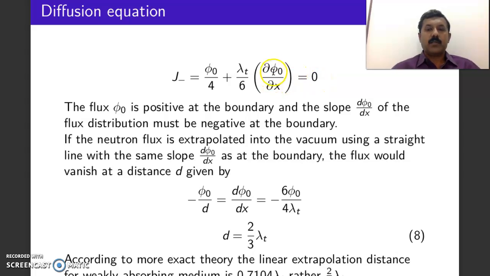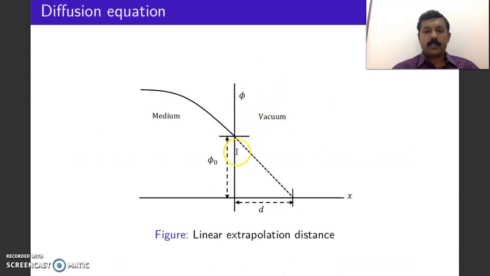And here this dou phi by dou x represents the slope at the boundary. What is that dou phi by dou x? You can notice that it will be equal to phi naught by d. What is the slope here? Slope is opposite side by adjacent side.